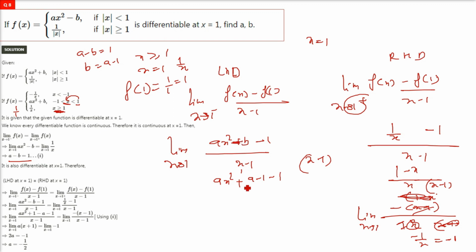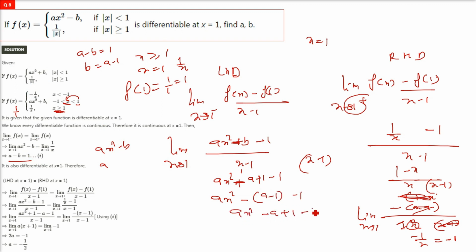Ax square minus b I have to use. I am changing the sign now, and in the place of b I replace it with a minus 1, doing it again just to re-emphasize what the mistake was.